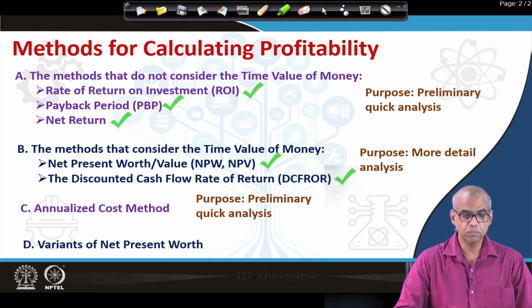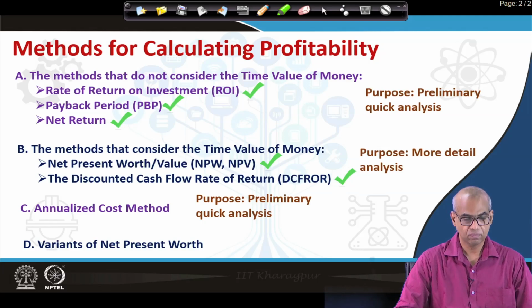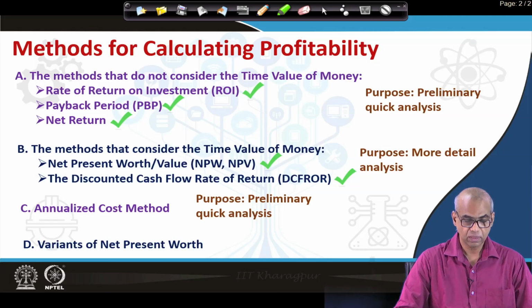We have already talked about rate of return on investment, payback period, net return, which these three are methods that do not consider time value of money. Net present worth or net present value, the discounted cash flow rate of return, these two methods do consider the time value of money.